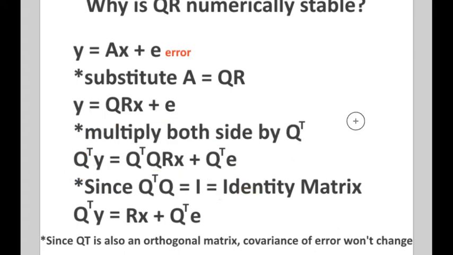By definition, since we define Q to be orthonormal, Q transpose times Q is going to be equal to I, the identity matrix. And that makes sense.